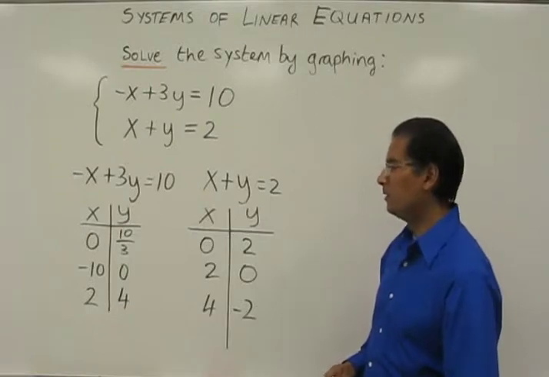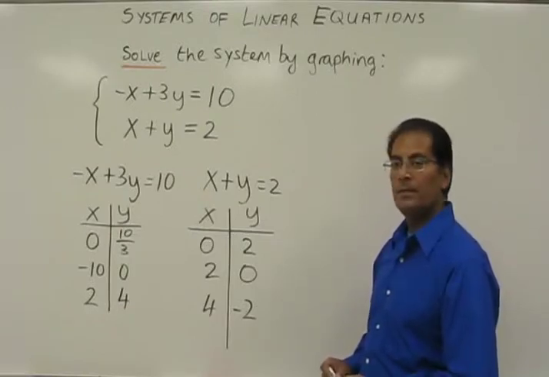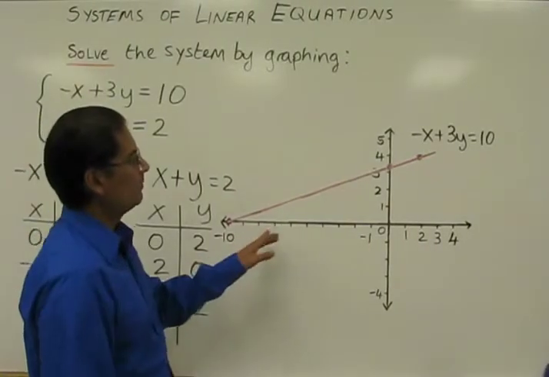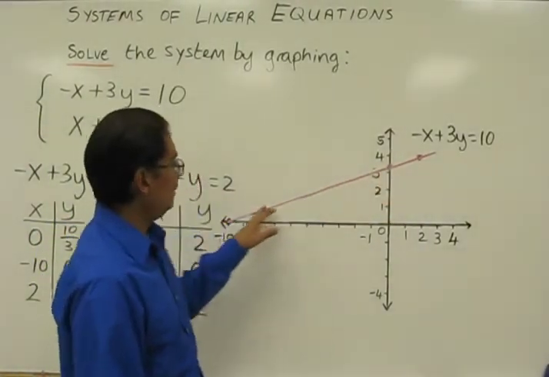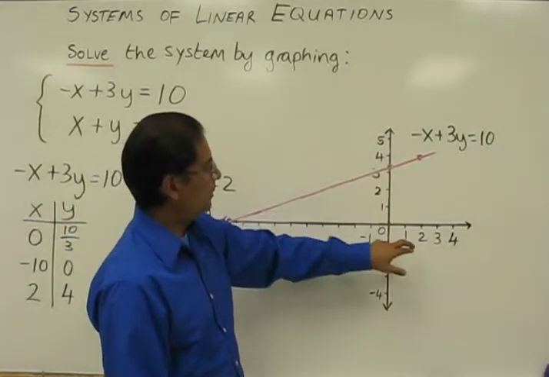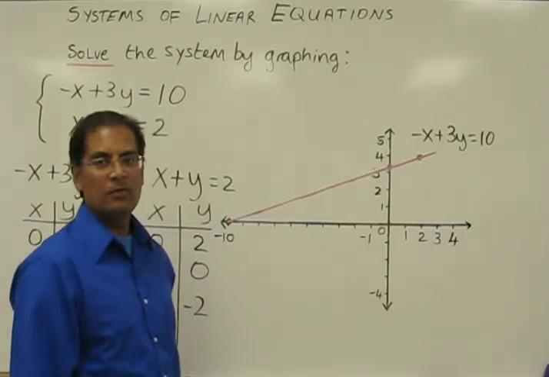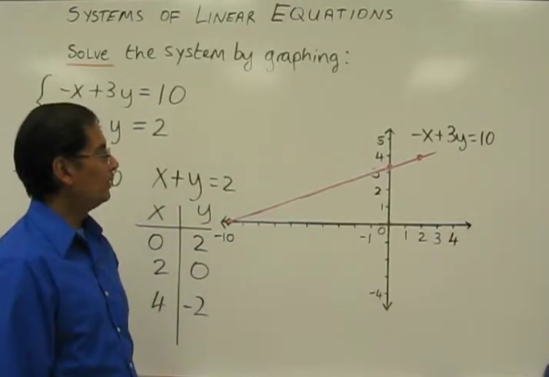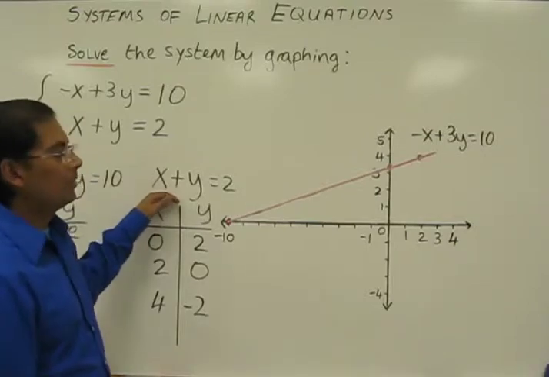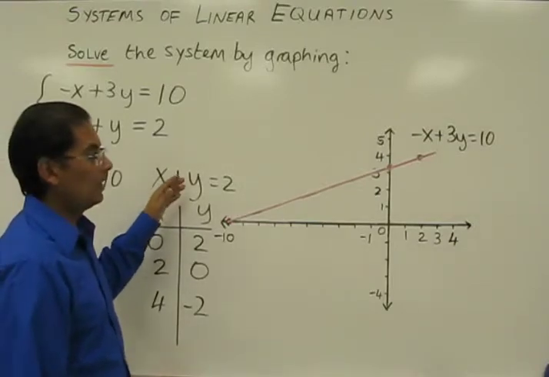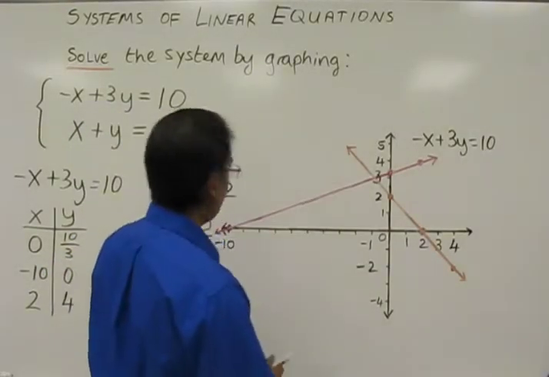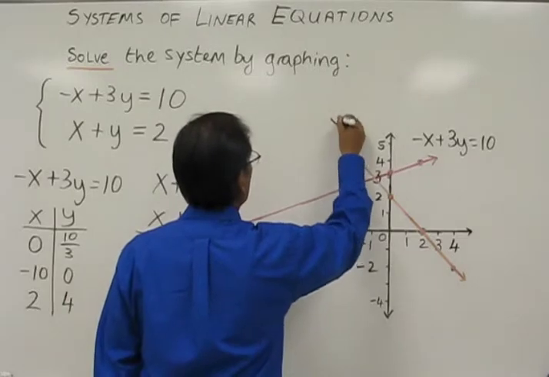Now we need to plot both of these lines. Here's a graph of negative x plus 3y equals 10. We have the 3 points here, negative 10, 0, 0, 10 thirds, and 2, 4. So that's the first line we're looking at. The second line is x plus y equals 2. And so we're going to plot that on.